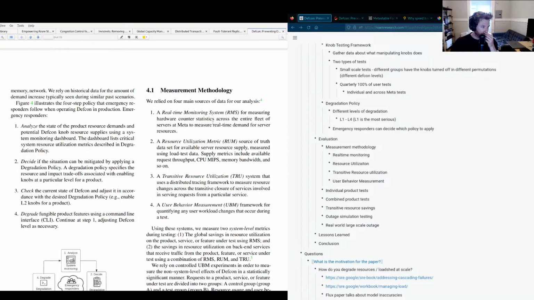The real-time measurement looks at hardware, measured using some source of truth for available resources, based on load tests. Sounds very similar to Flux.